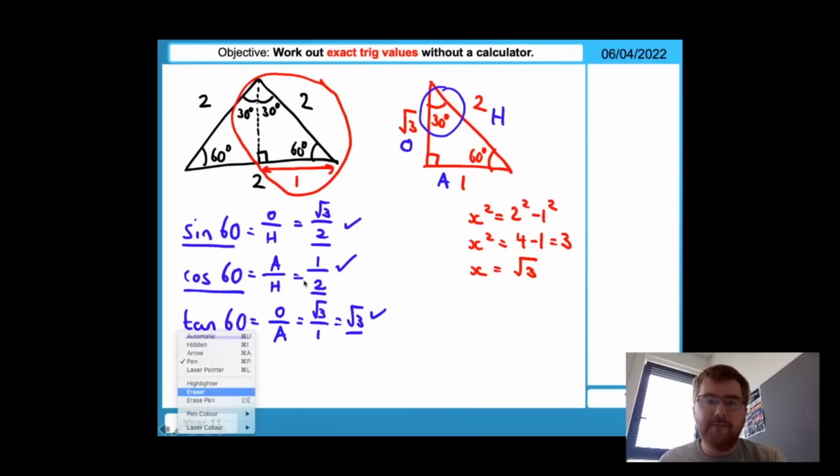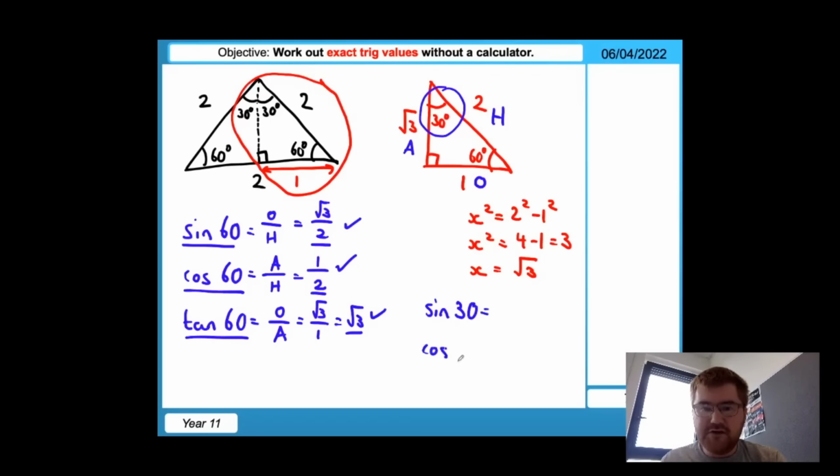Now what we're going to do is focus on the 30 angle here. Notice because I'm focusing on this angle, these two are going to swap. So my new opposite is going to be opposite the 30 angle, which is 1, and then the adjacent side will now be this root 3. So things are going to be changing around. From here, I can now work out sine 30, cos 30, and tan 30 as well, with the same formulae as over here.